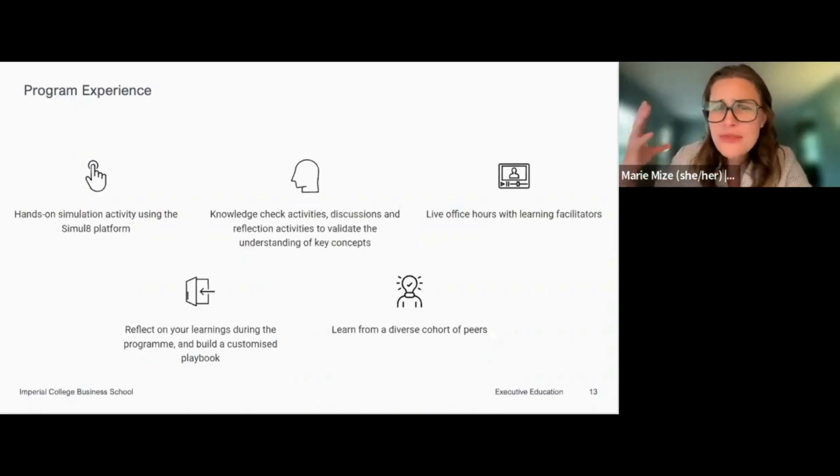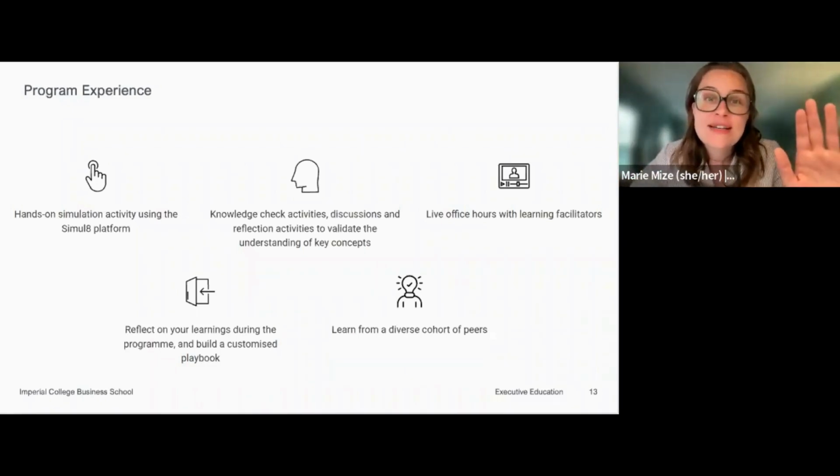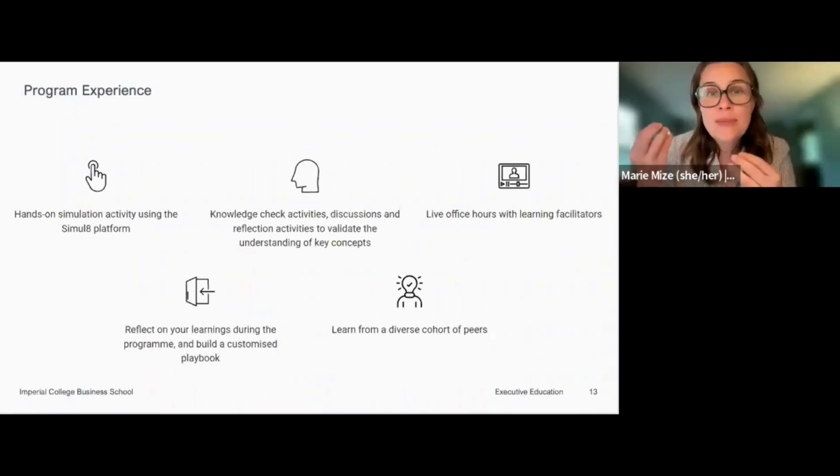So if you think of two key words that describe the program experience, number one, it's convenient. You can access it on the go. You can access it around a schedule that works for you, and it's all one-stop shop in one platform for you there. The second word really is interactive. So we've designed a blended program, asynchronous and synchronous components, giving you that highest level of convenience as well as a very high level of interaction.